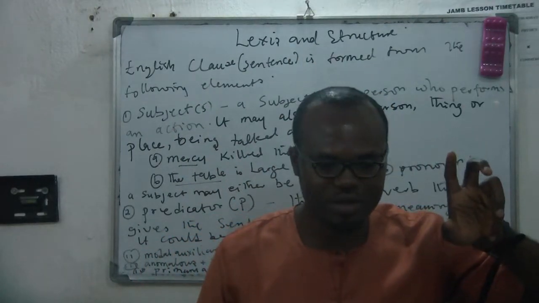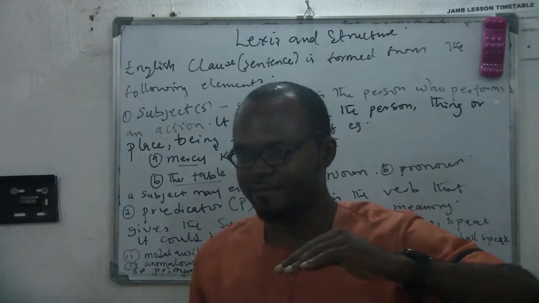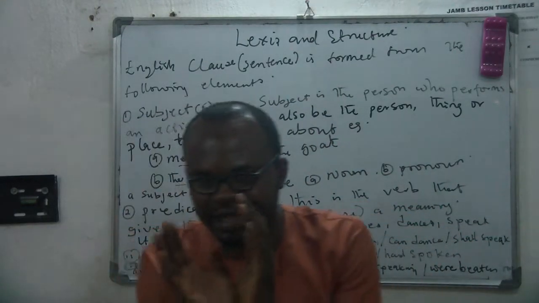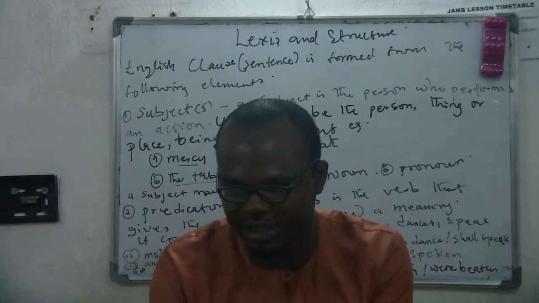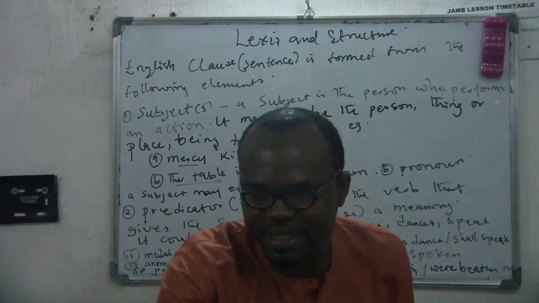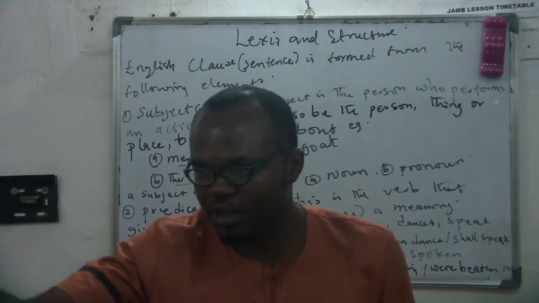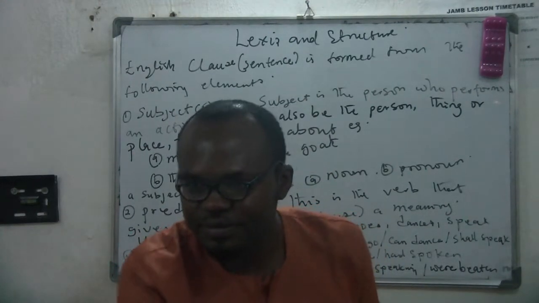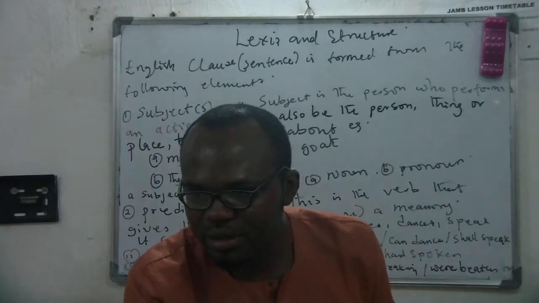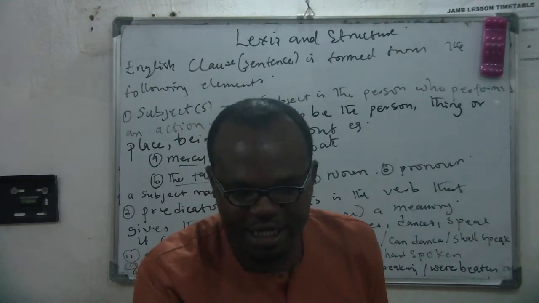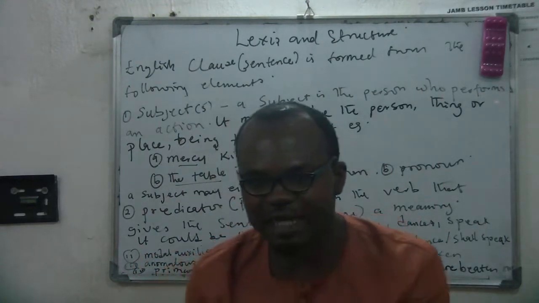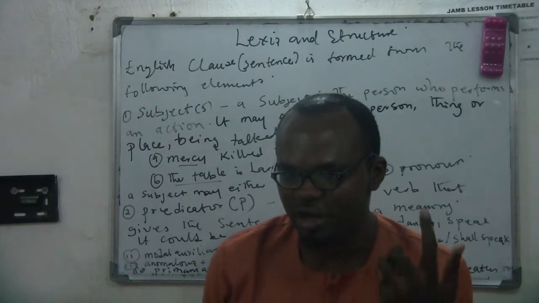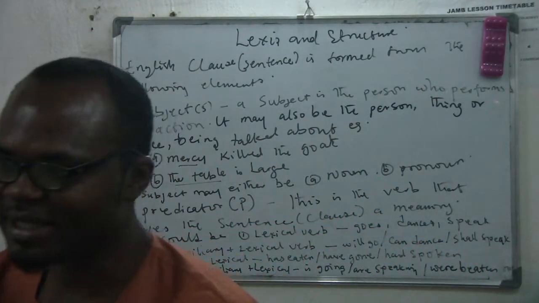So in a very simple sentence like "Tolu beats Musa," Tolu is the subject, beats, the action, is the predicator, and Musa, the person receiving the action, is the complement.